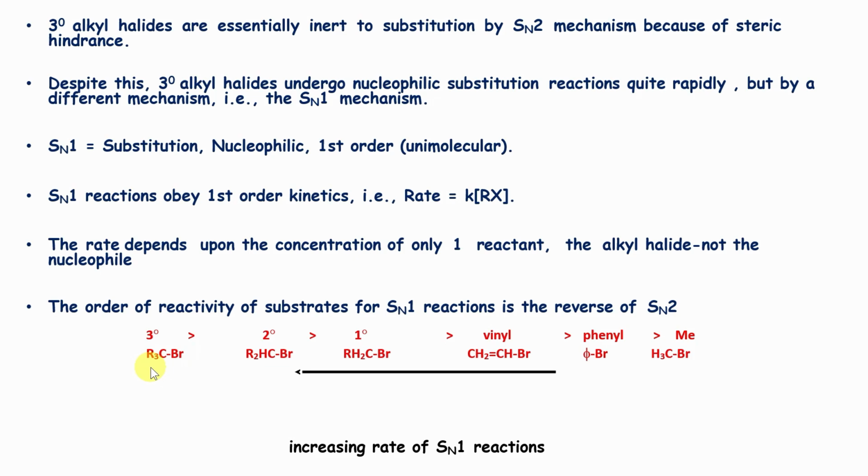Its reactivity is greater than secondary alkyl halide, which is greater than primary alkyl halide, which in turn is greater than vinyl halide, then phenyl halide, then methyl halide. The reverse is the increasing order for SN1 reaction. Here, from right to left, the rate of reaction increases.